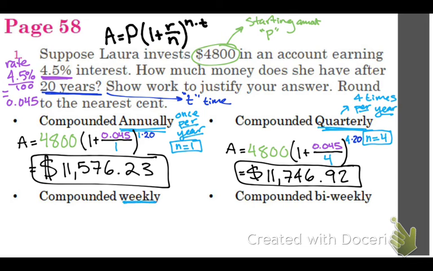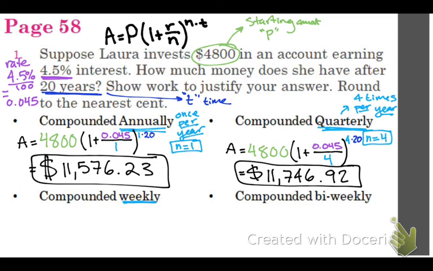All right, the third one is compounded weekly. 7. There are 7 days in a week. We're talking about how many times this is happening per year. 5, okay. How many weeks are in a year? 52. So if something is happening every week in a year, it's happening 52 times. Because we're always talking about if we're compounding annually, that's once per year.